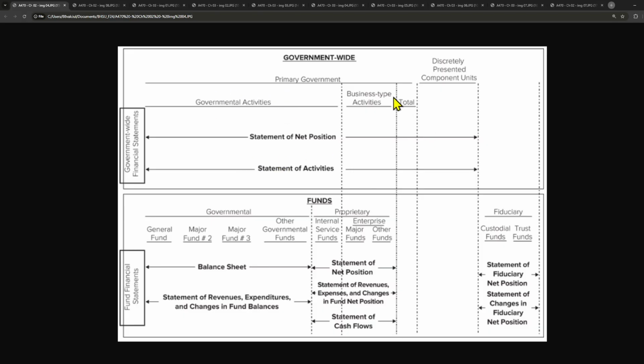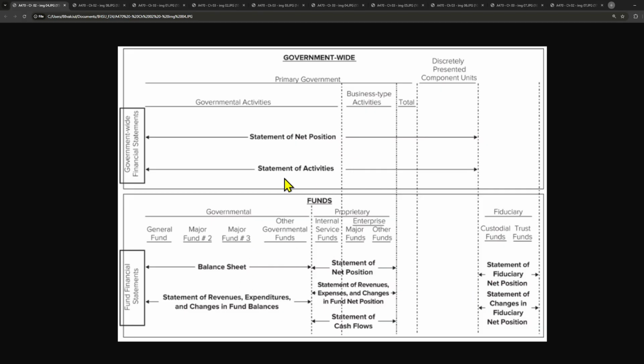This government-wide is accrual accounting, same with the proprietary and fiduciary. So this top part is all accrual, and these two right-hand ones are accrual, but it's the governmental funds that are the modified accrual. And you notice that we've got a number of different types of statements. It'd be nice if they harmonized them to where they all have the same name, but of course they don't. So you see a lot of statement of net position. That's a balance sheet basically, but they do call it a balance sheet under governmental funds.